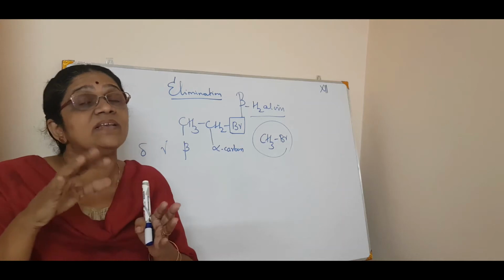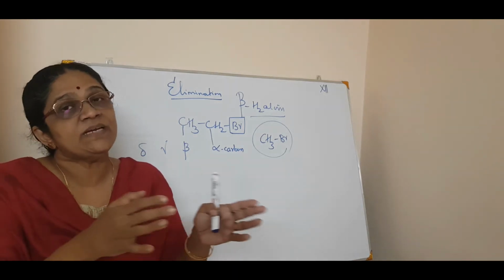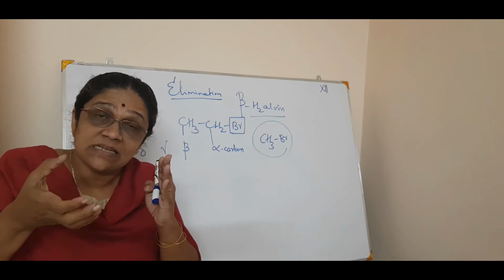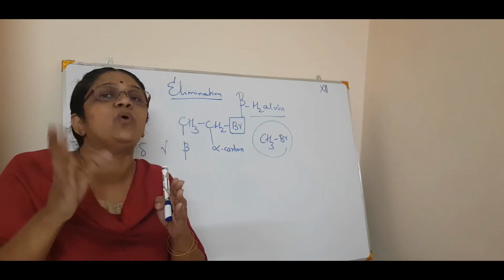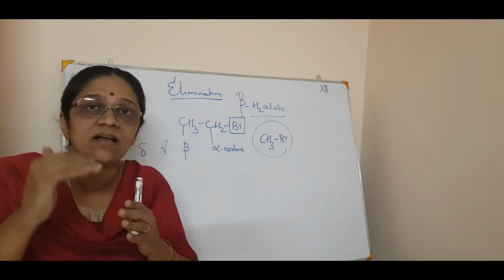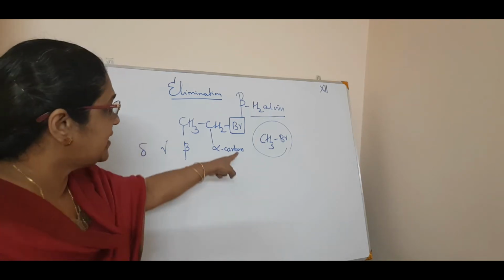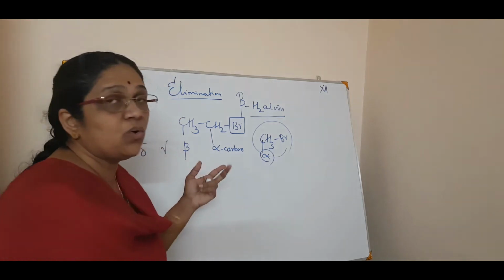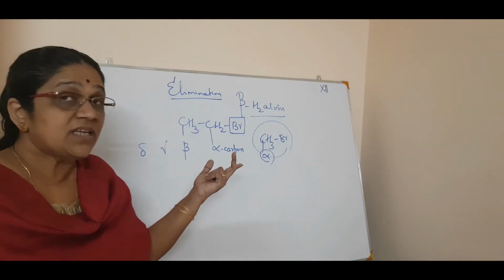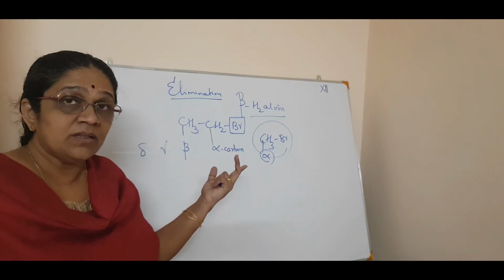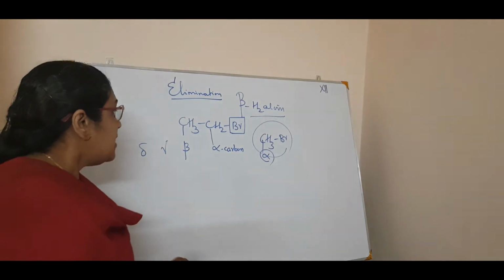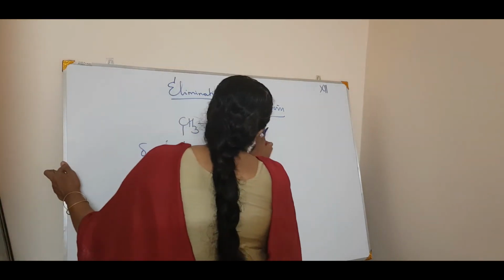Okay, so there is no beta hydrogen atom in the absence of a beta carbon atom. There should be a beta carbon atom, and the hydrogen atom attached to the beta carbon atom, you call it as what? Beta hydrogen atom. Okay, so in this case there is only alpha carbon atom, so there is no point in discussing that, because there is no beta carbon atom, thereby there is no beta hydrogen atom. Correct? Okay.